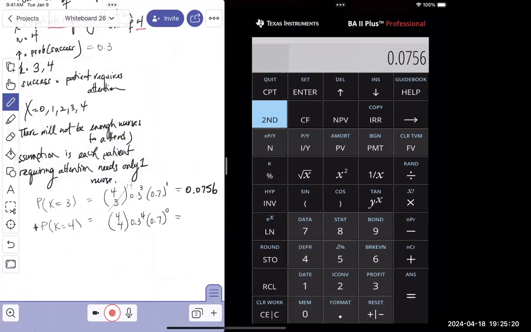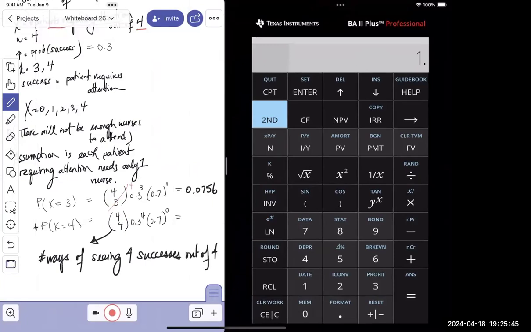And then 4, second function, NCR, 4 is going to be 1. 4 choose 4. If it's the same number, the number of ways, what does this mean again? This means the number of ways of seeing 4 successes out of 4 trials. And there's only one way to see that. Success, success, success, success.